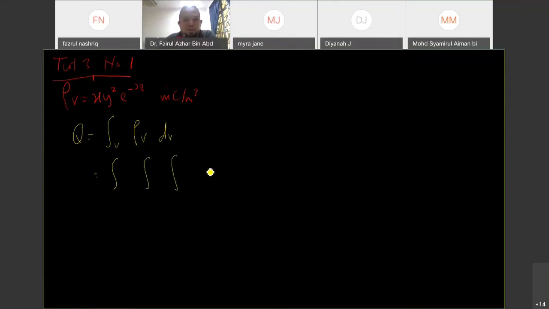Rho v is given by this expression: x y squared e to the power of minus 2z, times 10 to the power of minus 3, because we have the limit here, and dx, dy, and dz.